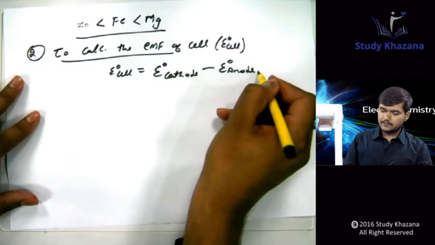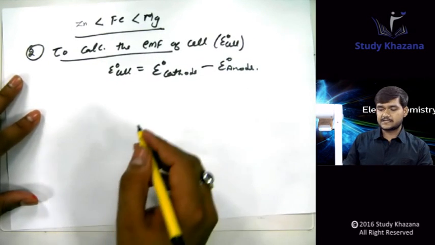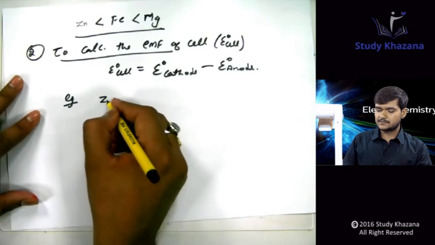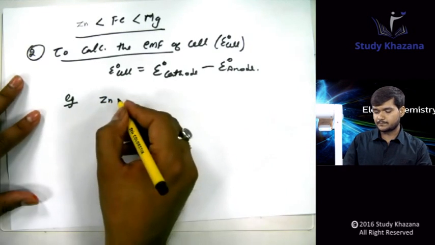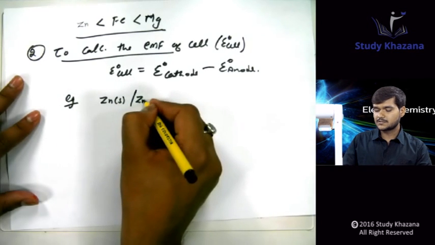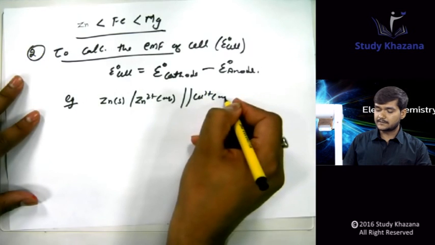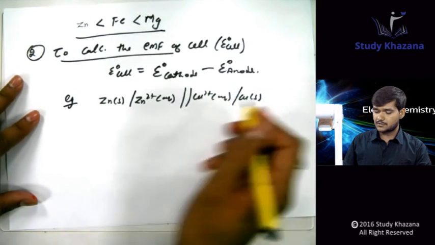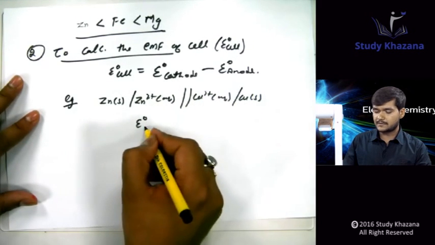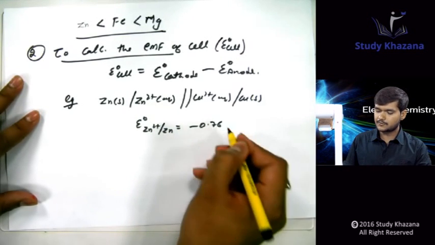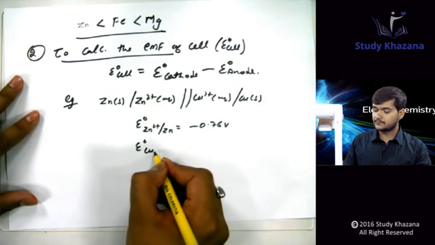Here I am discussing the same example: Zn solid becomes Zn2+ aqueous, bridge, Cu2+ aqueous, Cu solid. The reduction potentials of zinc and copper are given: for zinc it is minus 0.76 volt, for copper it is 0.34 volt.